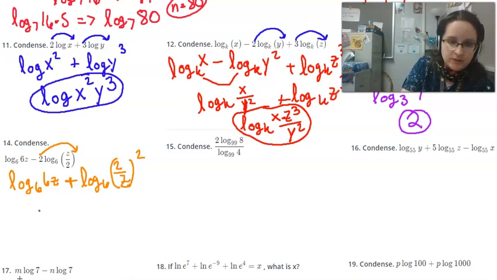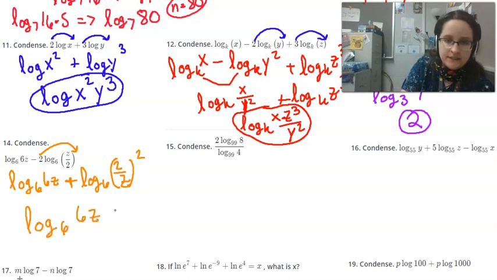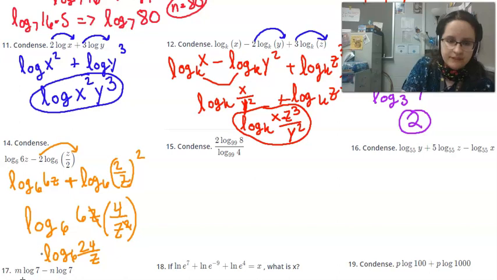So we'll multiply these together. We have log 6 of 6z times 2 squared, which is 4, over z squared. One of the z's cancels, and then we have 6 times 4, 24 over z. And this would be our simplified expression.